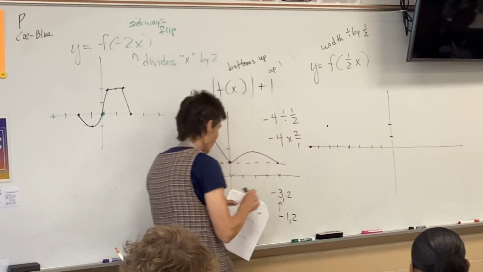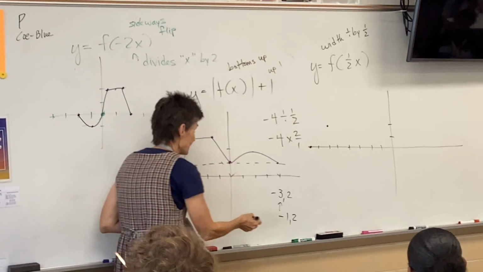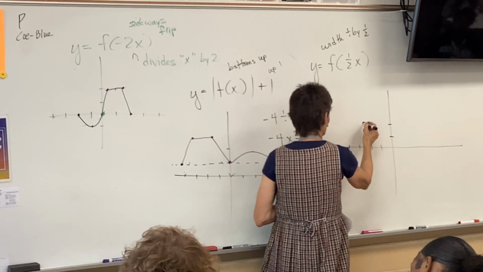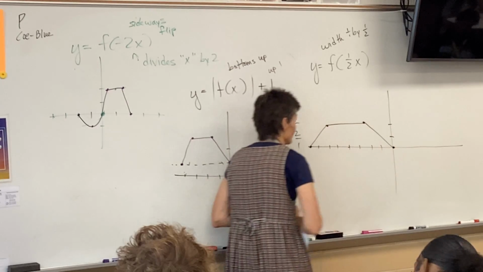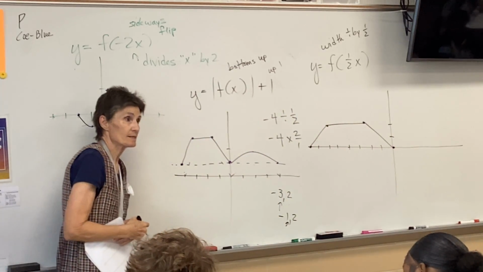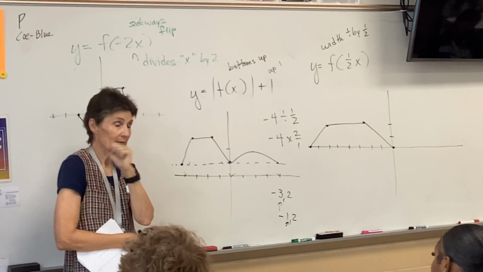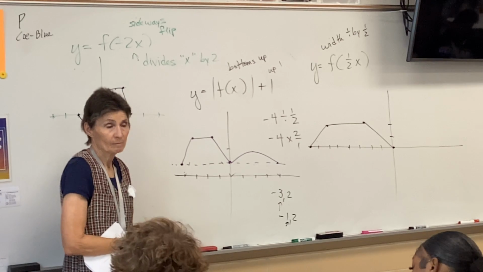I'm just looking at the dots on my original picture. Dividing this by a half will be -2, 2. So there is my trapezoid. Notice it used to be 4 wide, but now it's 8 wide, because I divided by a half.